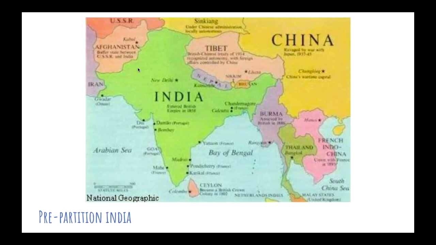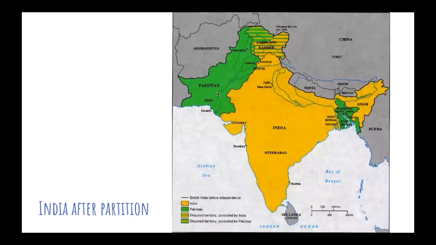So now they have to pack their bags and move to India. And there's definitely some Muslims that are living in India that now have to pack their bags and move up into Pakistan, where the Muslims are going to live. So India, and this is still how it is today, is like 99% Hindu, Pakistan is like 99% Muslim. All the green area now here is Pakistan, the yellow area is India.